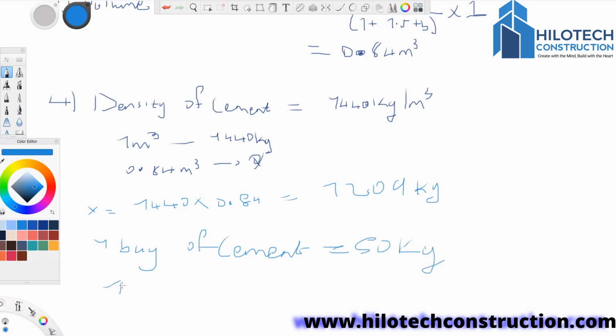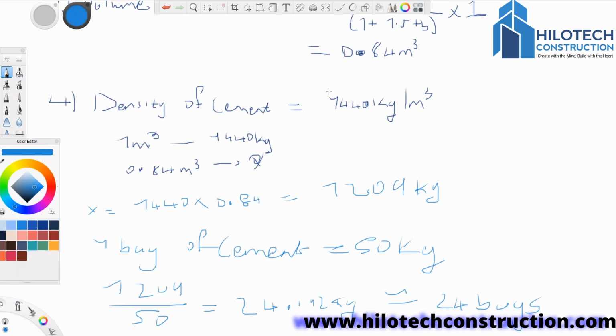So 1,209 divided by 50 is going to give us something 192 kilograms, which is approximately 24 bags of cement. So it means that in this case here, for this slab, we are going to need 24 bags of cement to accurately pour it.